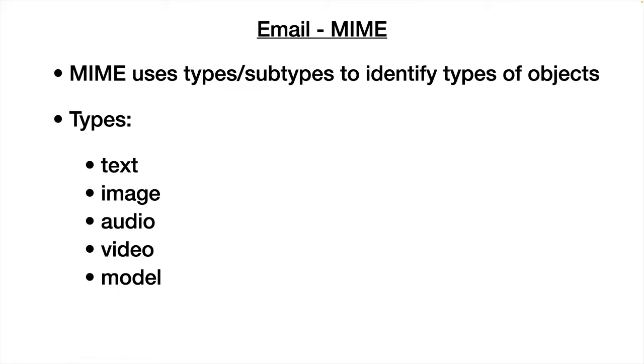It's a model, which would be for like modeling software, like AutoCAD, or for 3D printing these days, that type of thing. And then the last one is it is related to an application. So those are the major types that we have in MIME. We'll go real quickly through some examples of each of these.